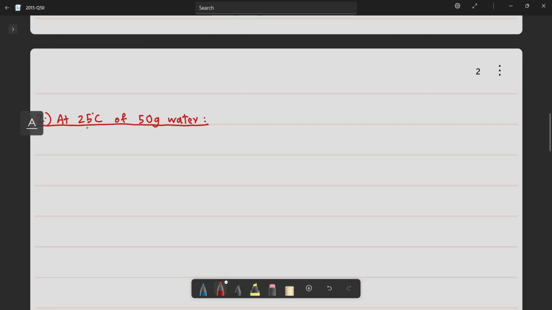Okay, so at 25 degrees Celsius of 50 gram of water, 35 gram of solid potassium nitrate remain undissolved, and only 25 gram of potassium nitrate is dissolved.